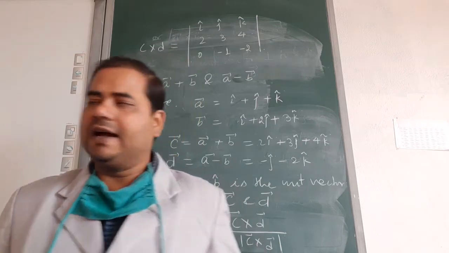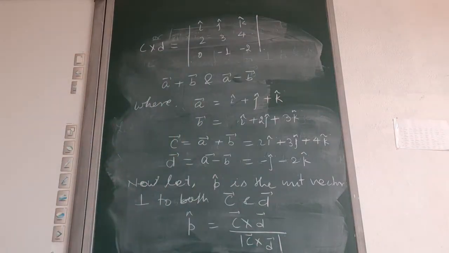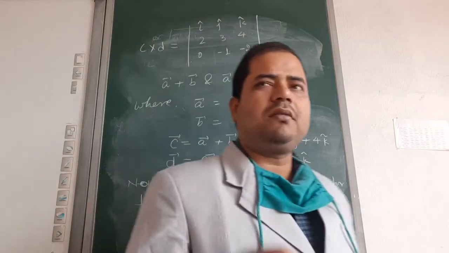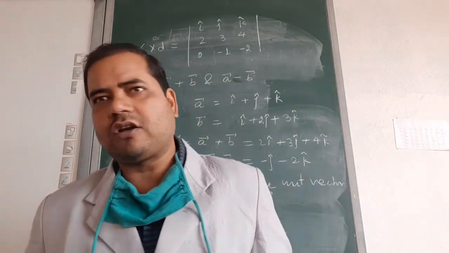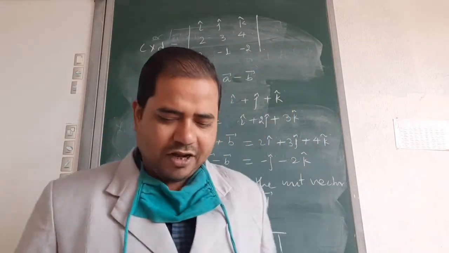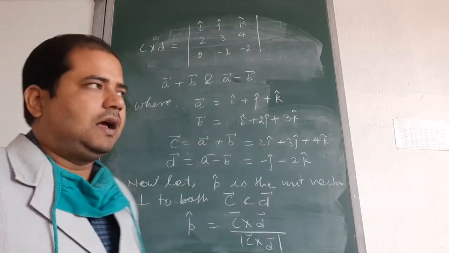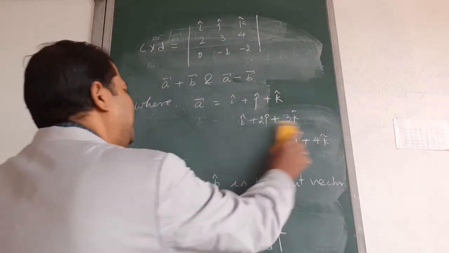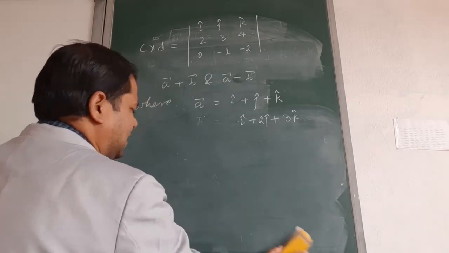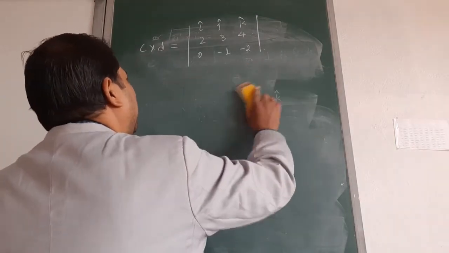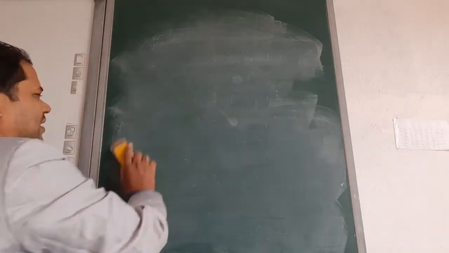So first thing is clear. If you want to find the unit vector perpendicular to both A and B, then this is nothing but A cross B upon mod of A cross B. Now second observation is that as in dot product, A dot B is a real number and scalar quantity. But here A cross B is nothing but a vector quantity.